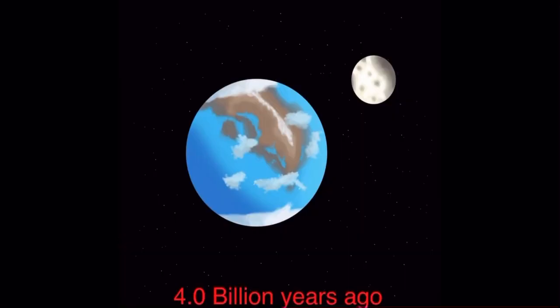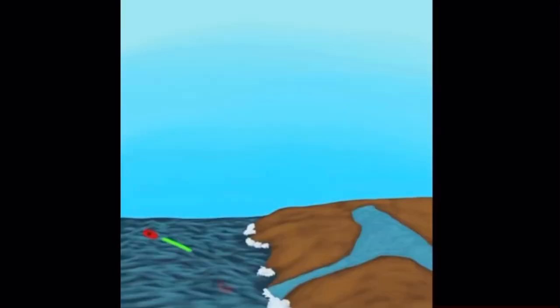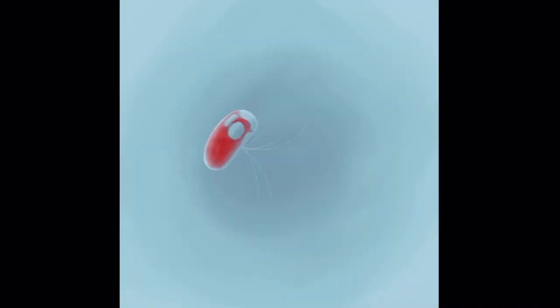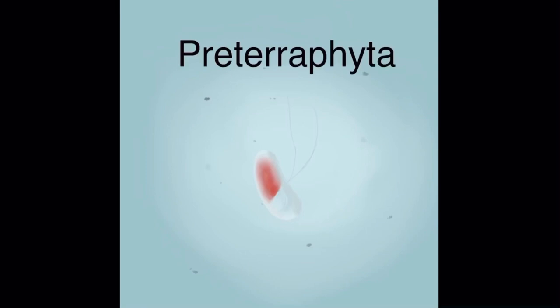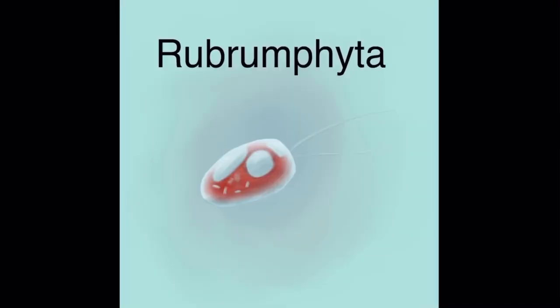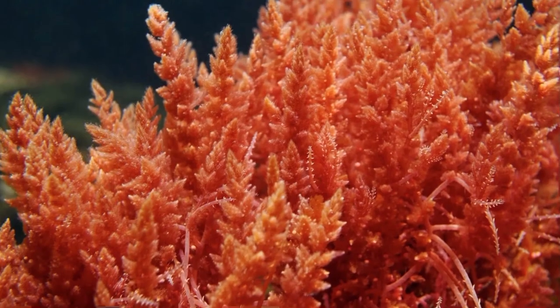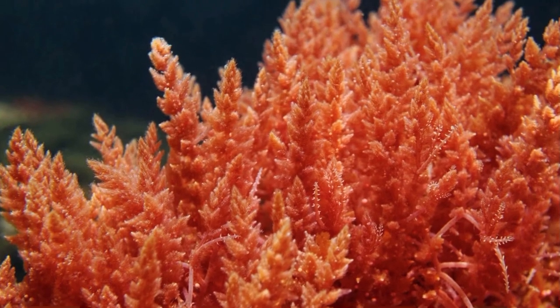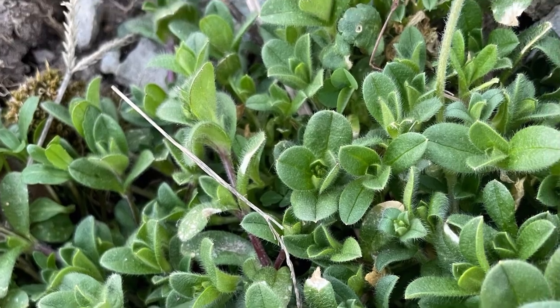But thanks to the freshwater lakes formed by melting glaciers, Rubrum phyta would diverge into two lineages, the freshwater-dwelling Prepterophyta and the marine-dwelling Tetrarhiza. These two lineages will form the most diverse algal lineages on this planet, taking on a variety of unicellular, multicellular, aquatic, and even terrestrial forms.